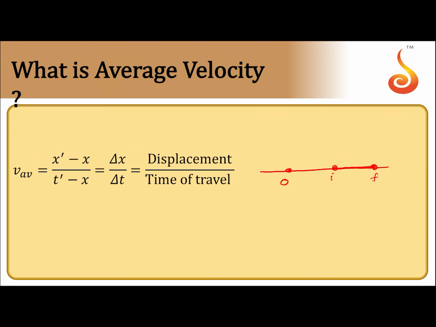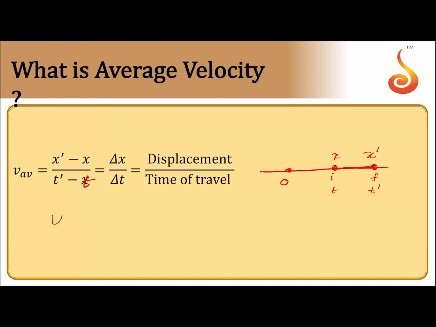This is the initial position which is at x, this is the final position which is at x dash, right? So we have time instants t and t dash.